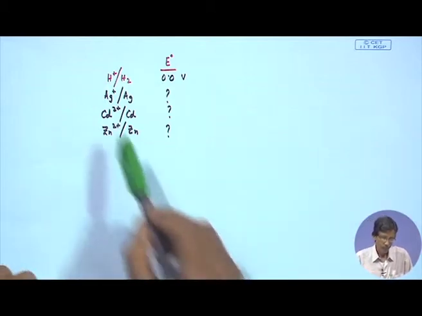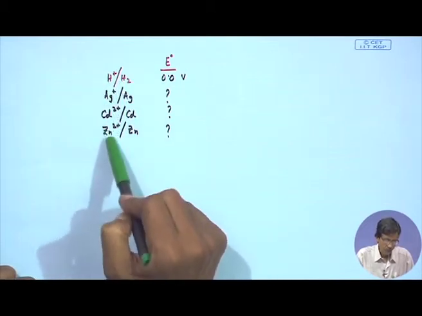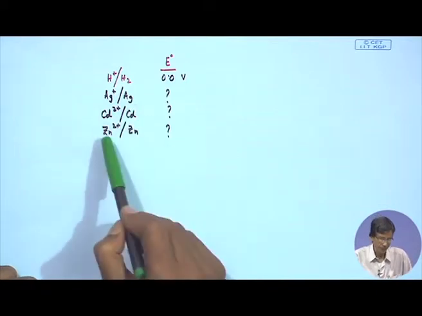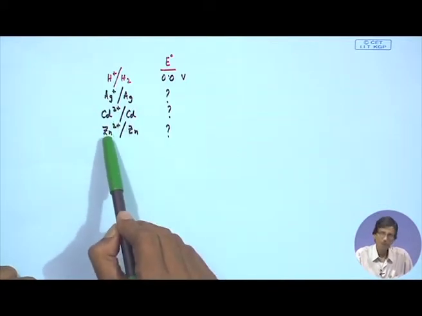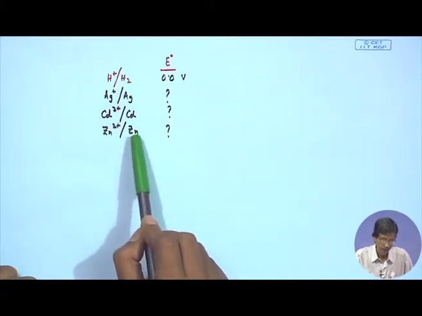If we consider these as pairs, on the left you have the species which can be reduced to the species on the right hand side. That means all four species on the left can be reduced to all four species on the right.